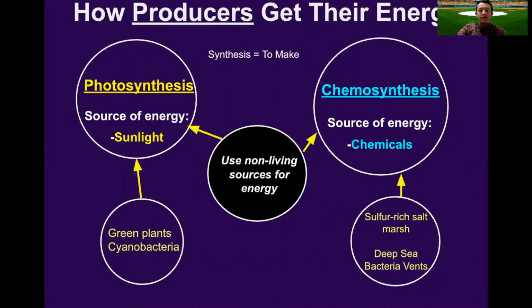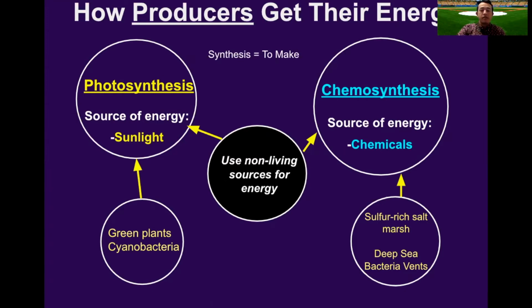So how do producers get their energy? We know that synthesis is to make in the word of photosynthesis. So let's take a look at green plants and cyanobacteria. We know that those are going to use photosynthesis because they're going to use that source of energy, the sunlight, but they're also going to use those non-living sources for energy.